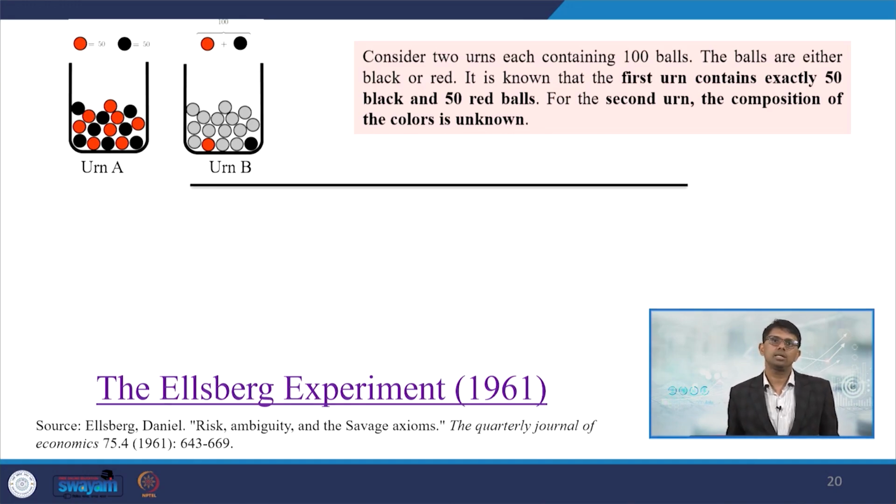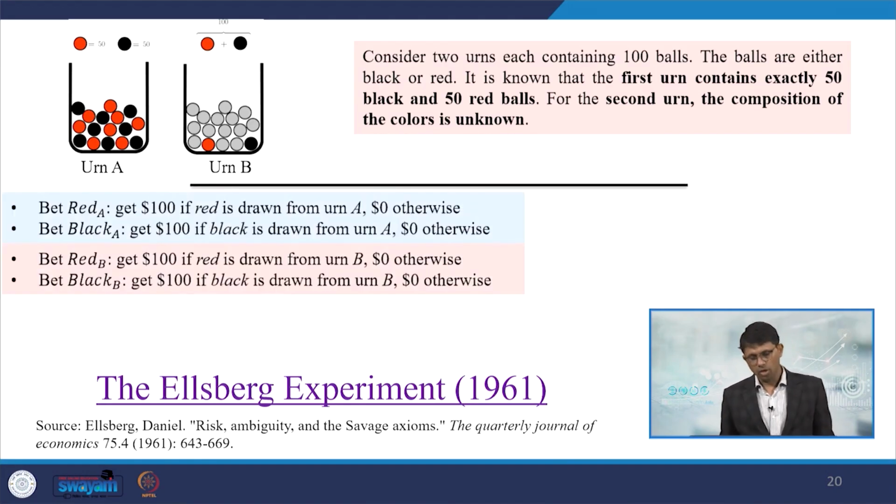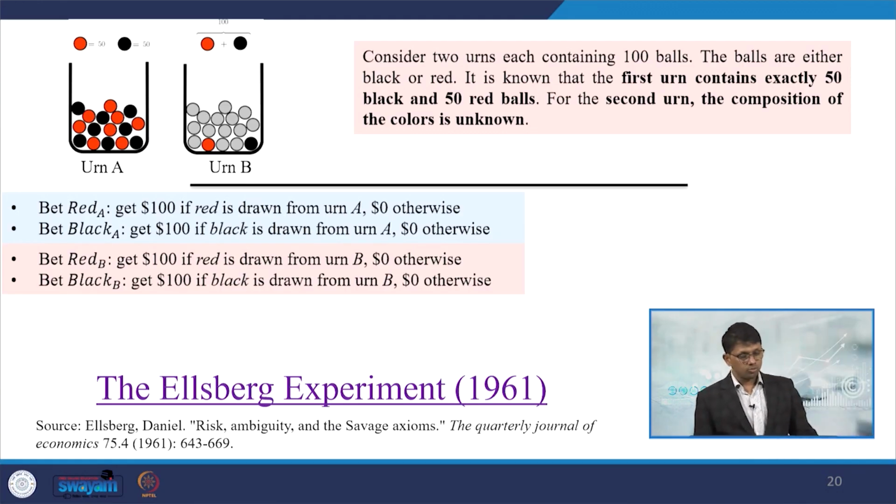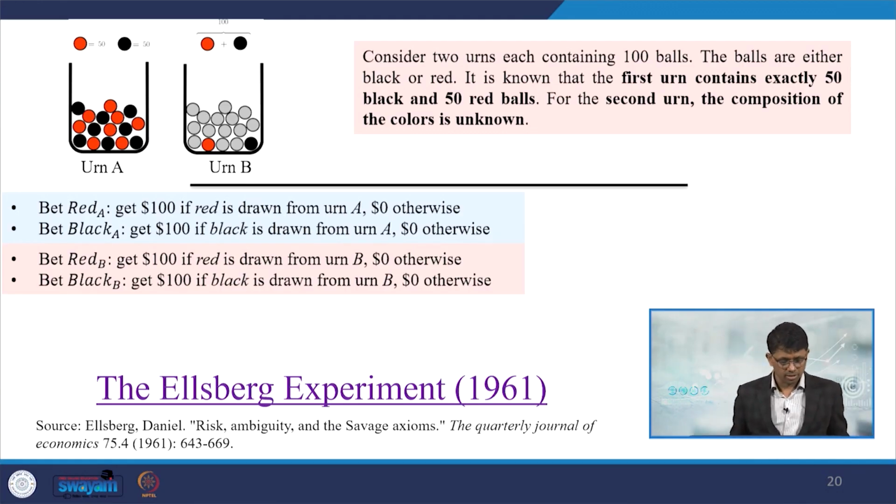In the second urn, the composition of the colors is actually unknown. So, you can see from the picture, the balls are either red or black, and the urns are presented as A and B. Now, there are some outcomes we are mentioning based on the action.